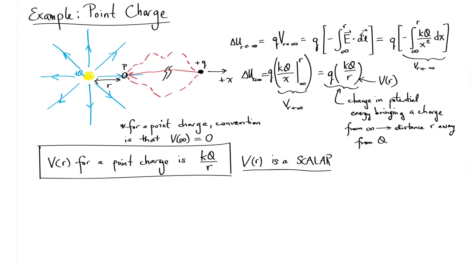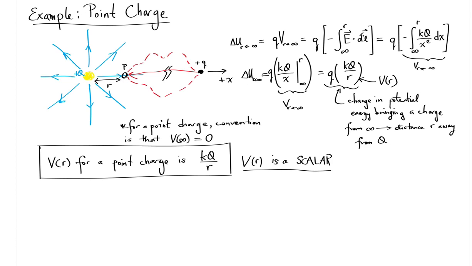So this thing is a scalar. So instead of the electric field being a vector field, right, at every point in space, the electric field has both a magnitude and a direction. The potential basically only has a magnitude. So V of R is a scalar.